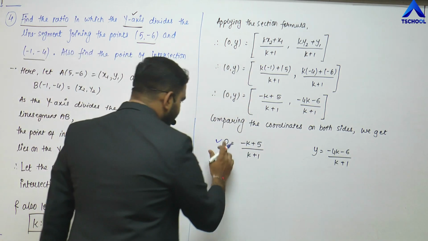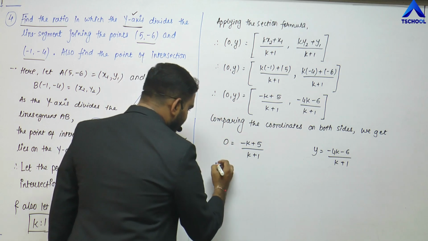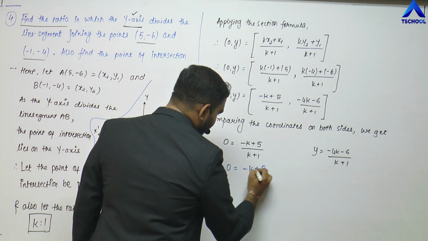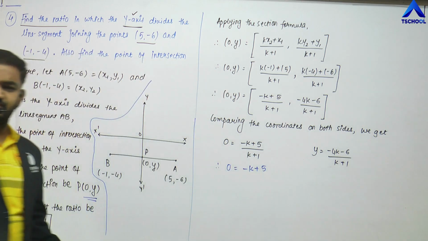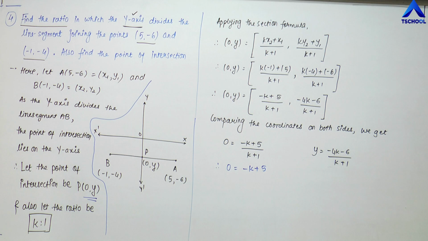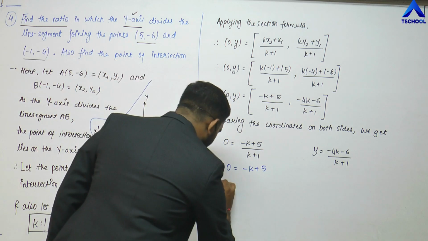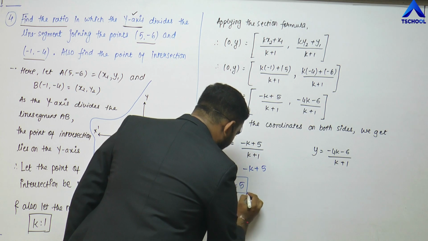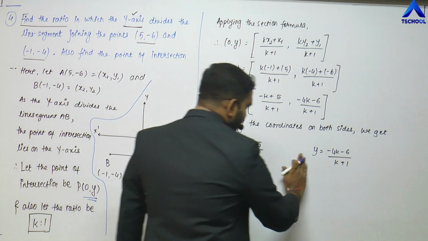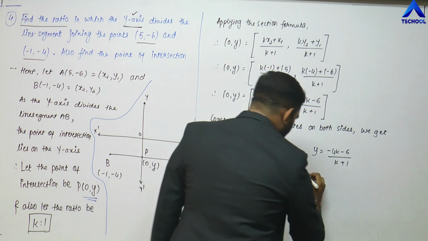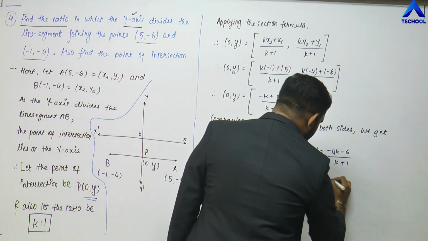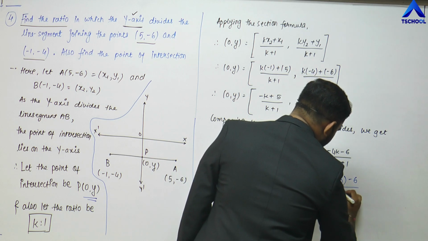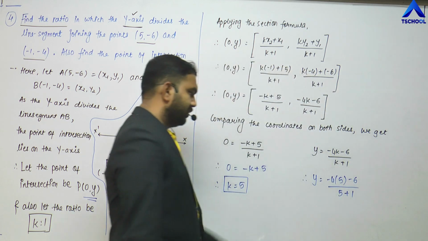Multiplying, we get 0 equals minus k plus 5, because k plus 1 into 0 is 0. Therefore k equals 5. So we got the value of k here. Replacing the value of k in the y coordinate, y equals (minus 4 into 5 minus 6) upon (5 plus 1).